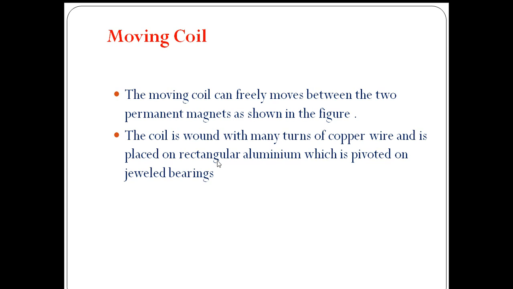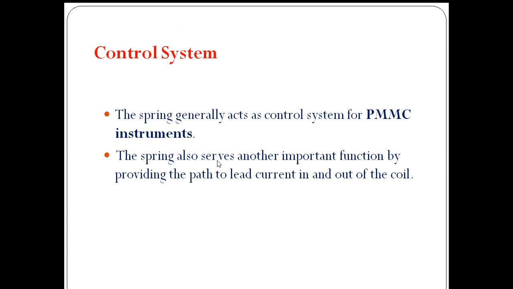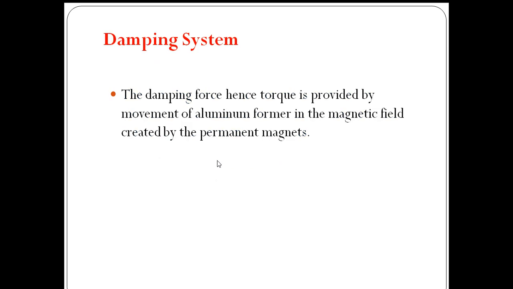Next part is the control system. Generally, springs are used for producing controlling torque. Springs act as the control system for PMMC instrument. The springs also serve another important function by providing the path to lead current in and out of the coil.